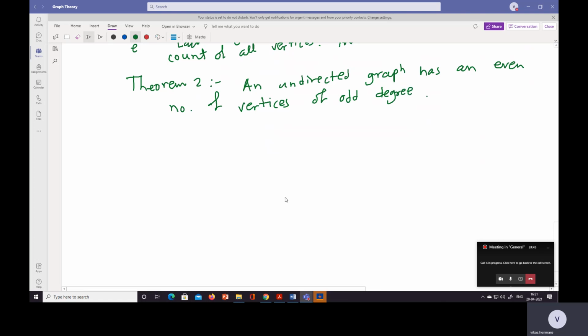Okay, so this is the theorem. An undirected graph has an even number of vertices of odd degree.